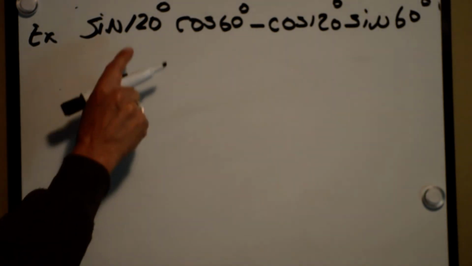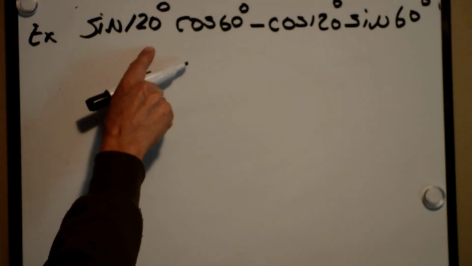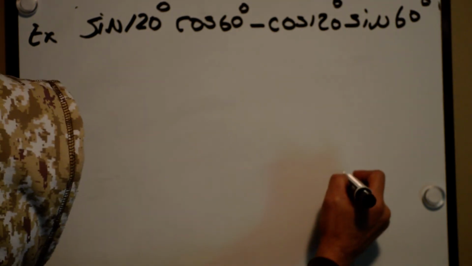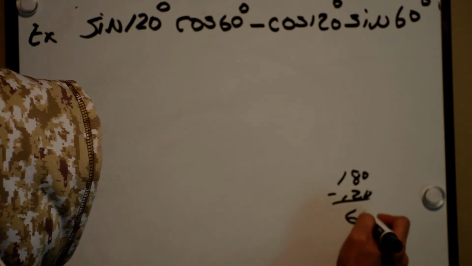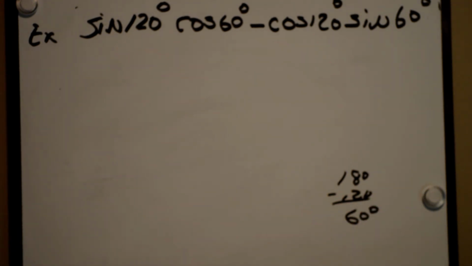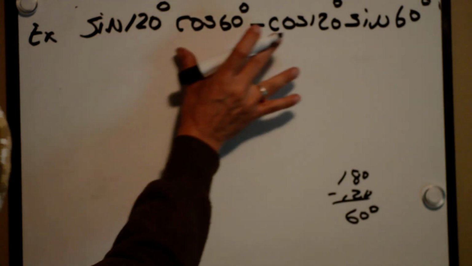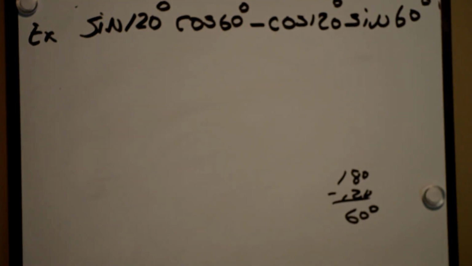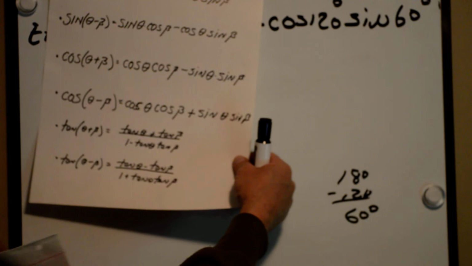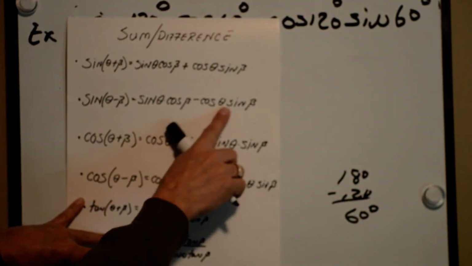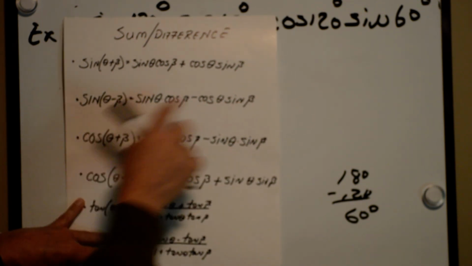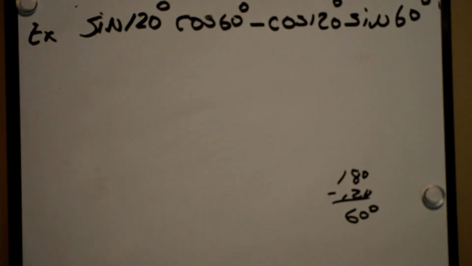All right, so we know that 120 is in quadrant 2. If you want to know exactly what that is, remember that is the same as 180 minus 120, which is 60 degrees. So we're going to have the same coordinates as 60 degrees, except ours is going to be in quadrant 2. This is the right-hand side, when you have sine, cosine, minus cosine, sine. That tells you it's the difference formula, sine of theta minus beta.